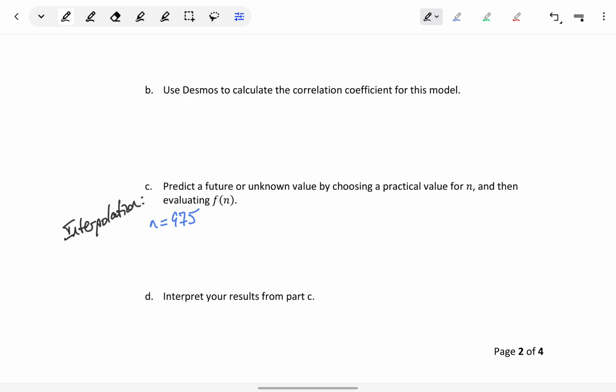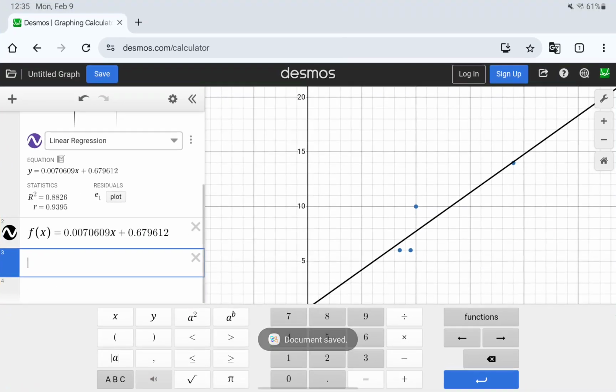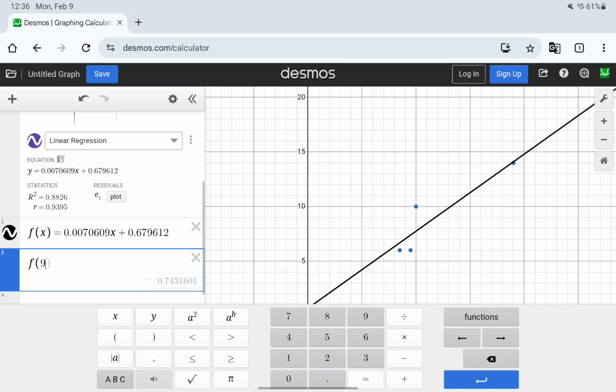So 975 is within the values in the table above for yards rushed, but we don't have this value specifically represented. Since we have this function typed in Desmos, now we can use function notation to quickly evaluate that by typing f of 975. Desmos will spit out the value, evaluating that function at x equals 975.